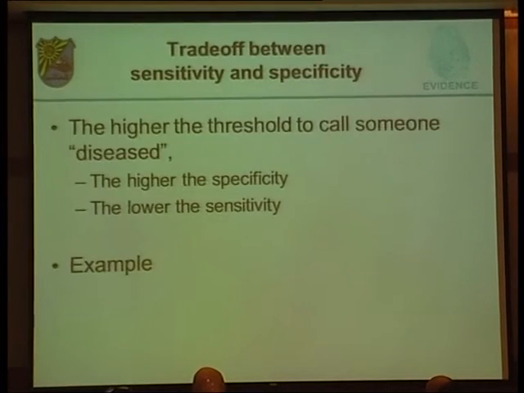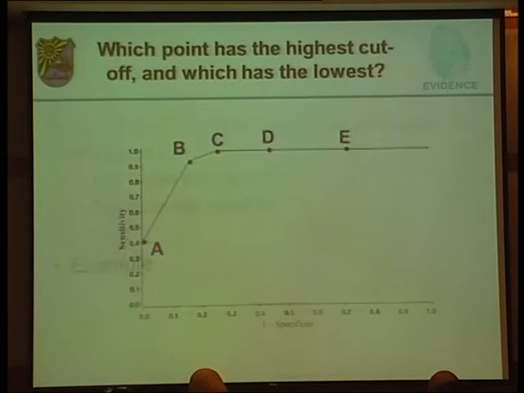And what you can do is graph this in an ROC curve. What happens is, the higher the threshold to call someone diseased, the higher the what? Specificity. The lower the threshold to call someone diseased, the higher the sensitivity. Okay, so this is the ROC curve actually from the paper that we're going to be studying in this seminar.